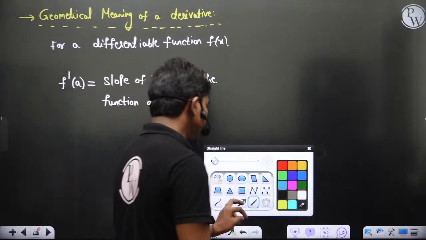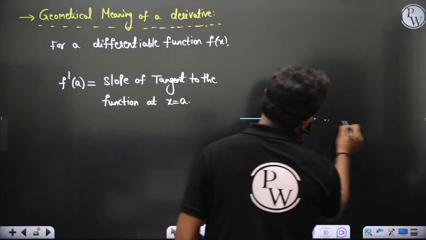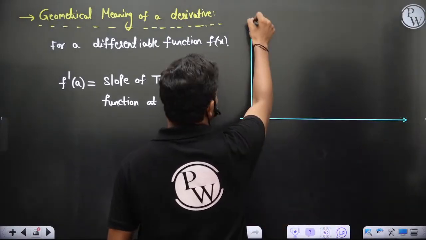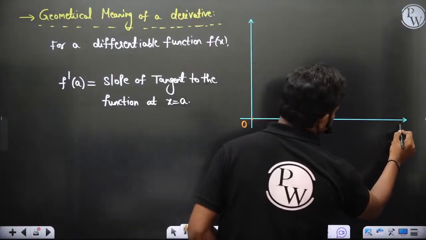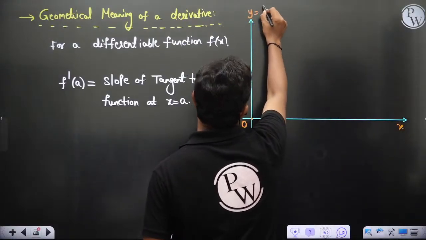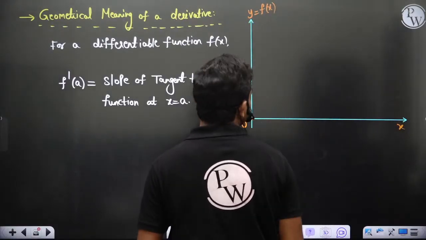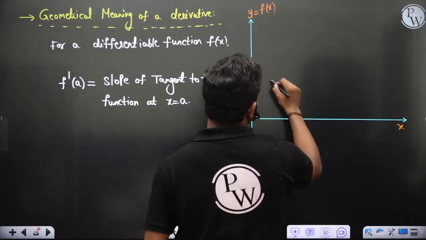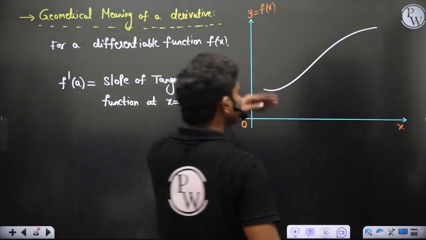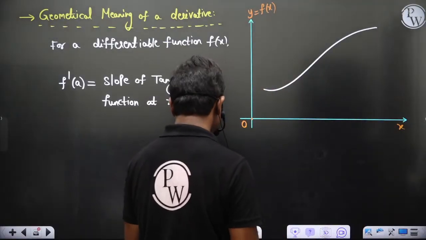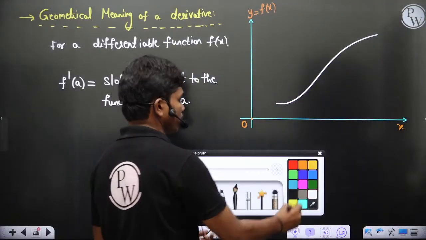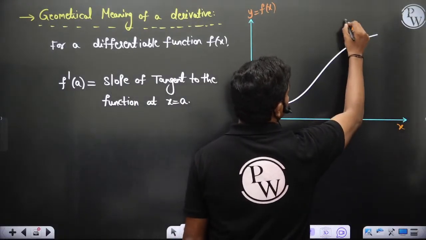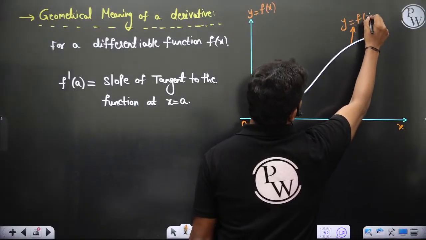Like you can see, if you have this graph, again, I keep drawing this many times, of course, 0, x and y, and of course your y is actually your f of x. Let's say you have some general function y equal to f of x.